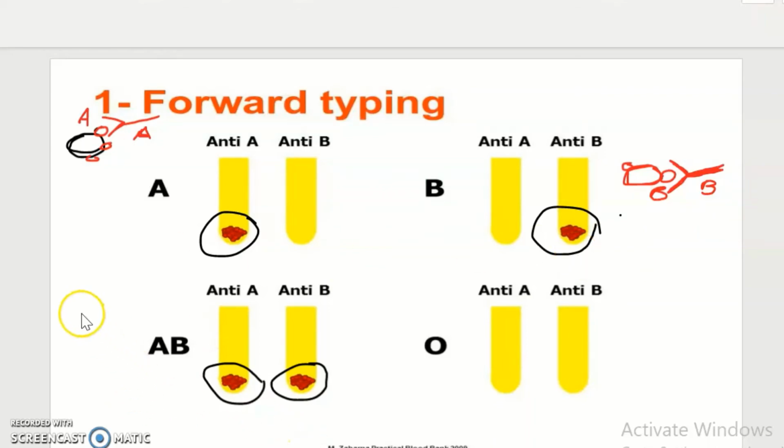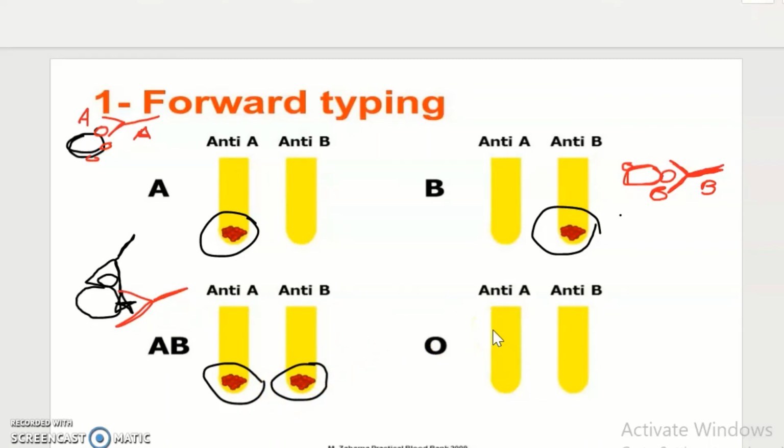In this scenario of AB, the patient has both antigen A and B. And when you add anti-A antibodies, anti-A antibody is directed towards antigen A, and anti-B antibody is directed towards antigen B. That's why you see agglutination in both tubes.